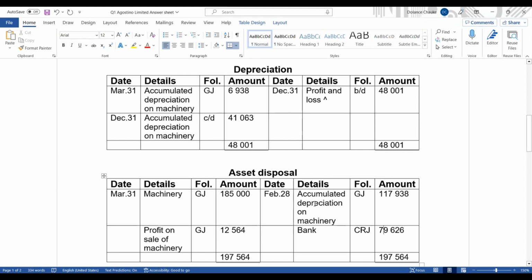You'll have accumulated depreciation on machinery, bank, and then you'll add another column for loss on sale. There's no way you can have profit or loss at the same time. Either you have a profit that will go to the debit side, or you have a loss that will go to the credit side. So if you have a loss, you will only have machinery there. And then we come this side, you'll have your accumulated depreciation, you'll have your bank, and then you'll add another column, you'll have your loss on sale of machinery. Then you're done.